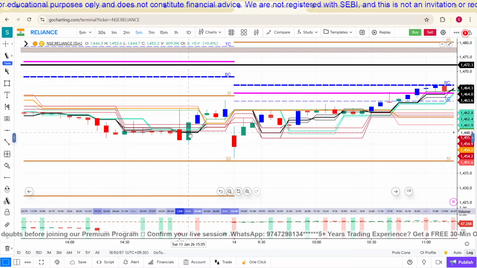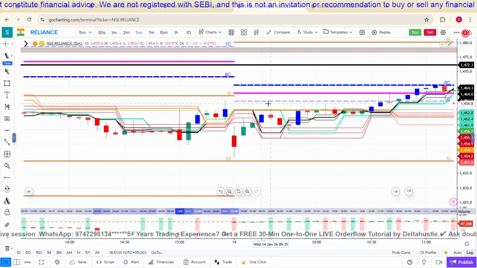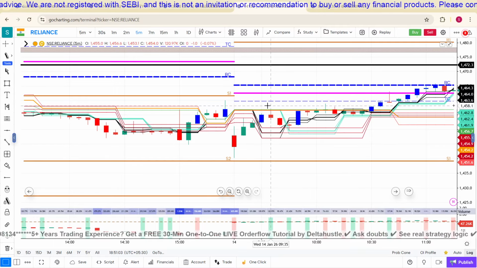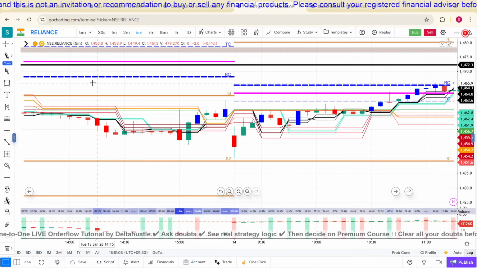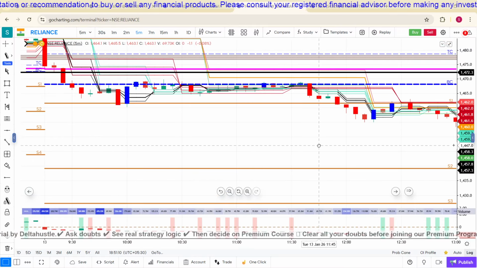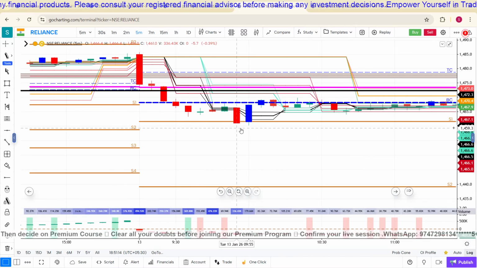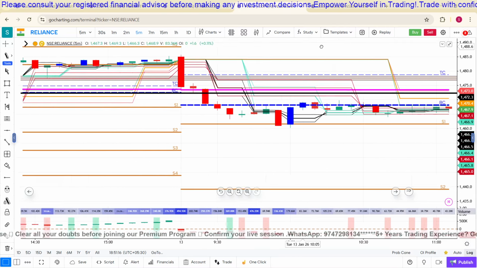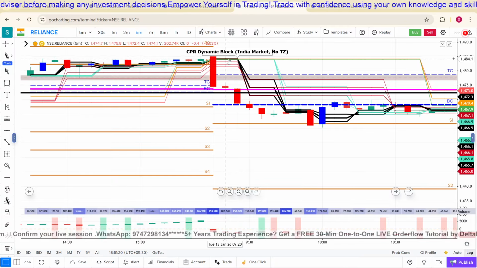See, this is 15 minutes narrow, 30 minutes closed above. Our target is limited to here. Exactly, it came there and sharply came down. And this CPR breakout, how to identify? This open, 15 minutes on the top.